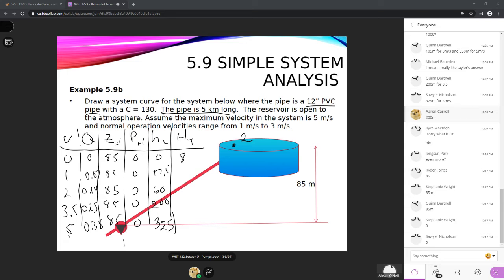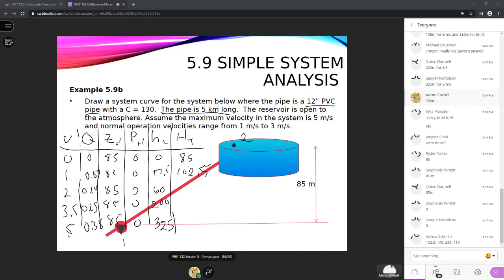And so we have 85, and then the next ones are 102.5, 145, 285, and 410.